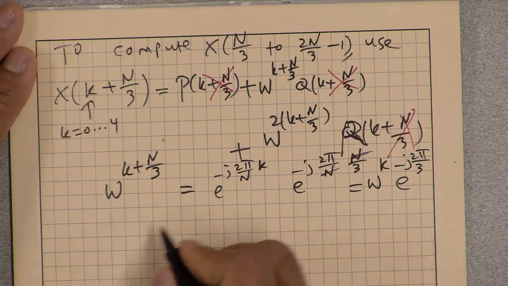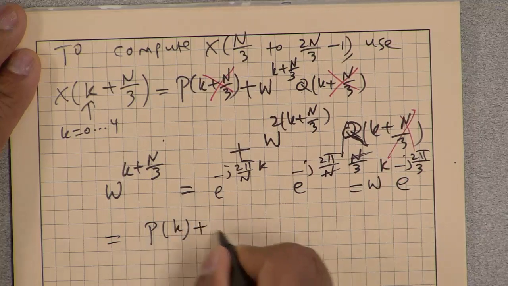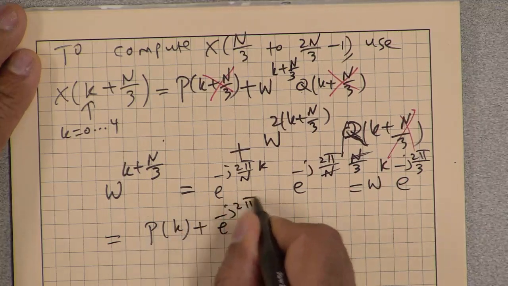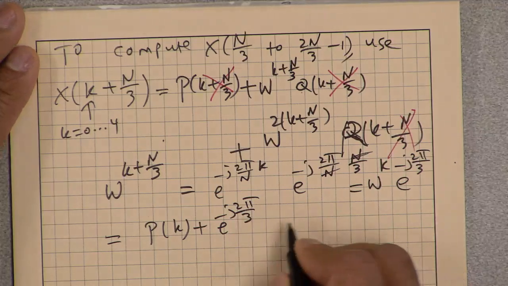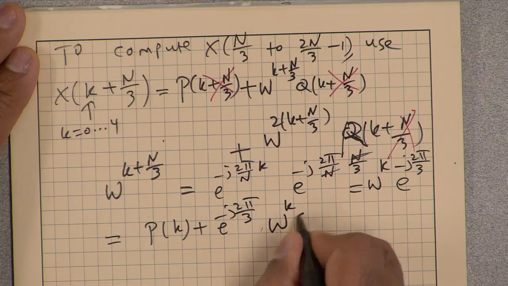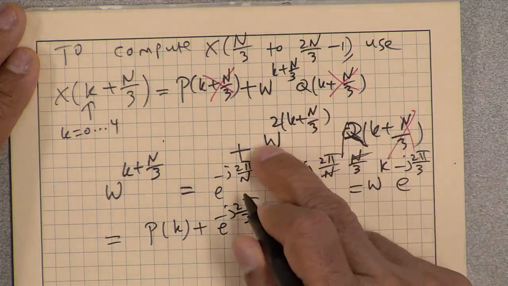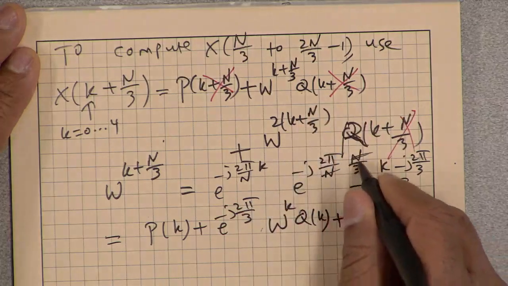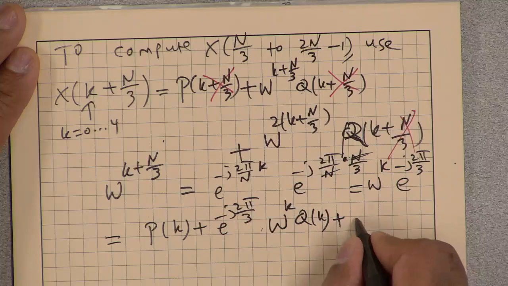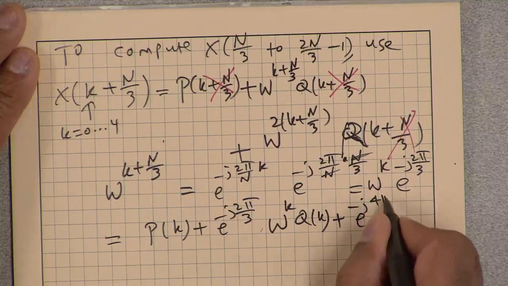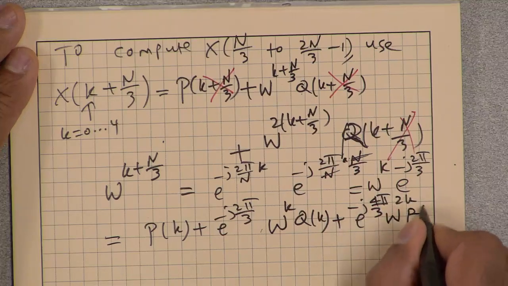So this is equal to Pk plus e to the power minus j 2 pi by 3 times W to the power k Qk plus, for 2N by 3, W to the power 2N by 3 multiplied by 2 will be 4 pi by 3, e to the power minus j 4 pi by 3, W to the power 2k Rk.